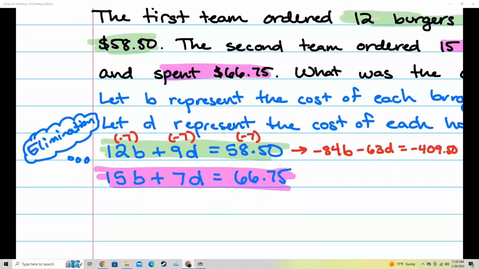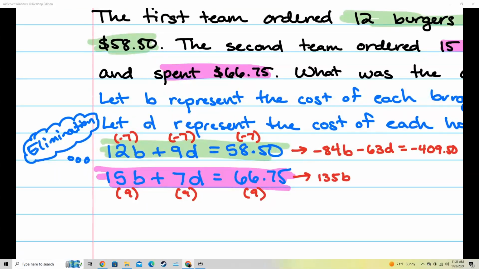All right, on the bottom, I want to end up with a positive 63. And in order for me to end up with a positive 63, I need to multiply that 7 by positive 9. So everything on the bottom is going to get multiplied by positive 9. 15 times 9, I think it's 135. Let me just check. 15 times 9 is 135.